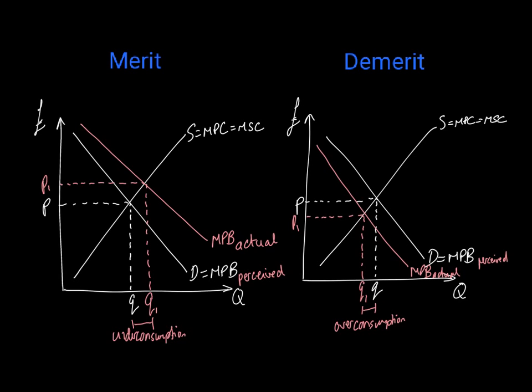Some people would argue that video games, you could make an argument about being a demerit good. So lots of examples on either side, but the important thing to remember about merit and demerit goods is that it is all to do with a failure of perception. People do not perceive the costs and benefits of consumption properly, and as a result of that, they do not consume at the most appropriate level.